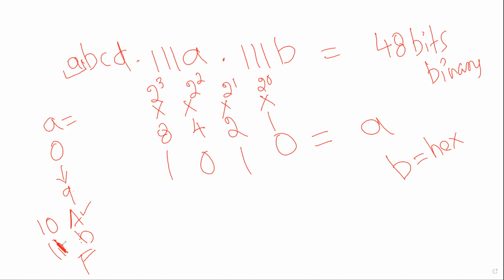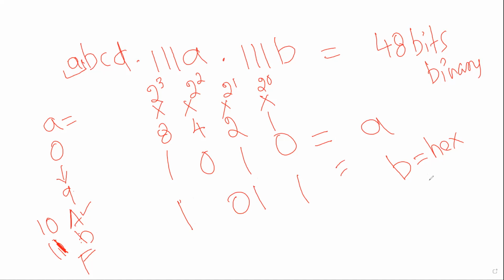So now you have the decimal value of B, equivalent to 11. Now you need to know the binary value of 11. So 11 means 8 plus 2, that is 10, plus 1.